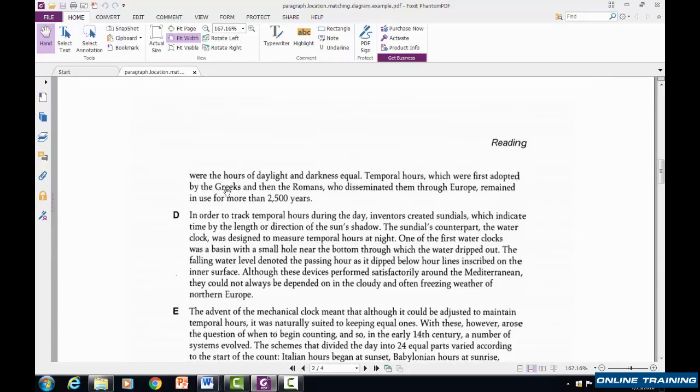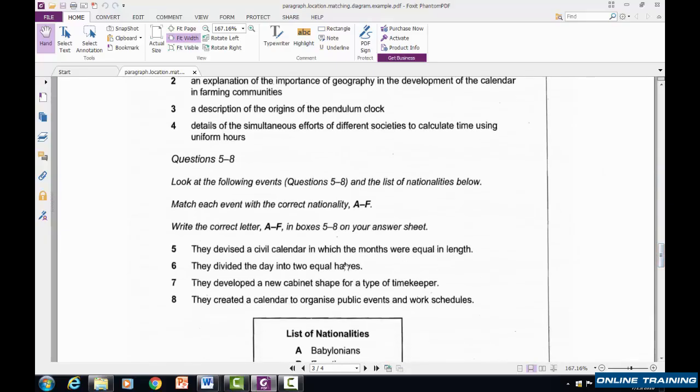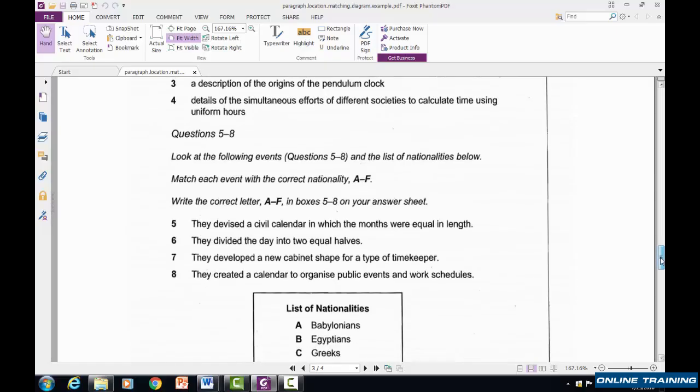Temporal hours, which were first adopted by the Greeks and then the Romans, who disseminated them through Europe, remained in use for more than 2,500 years. Okay, I don't see that as a match for anything. 2 equal halves, no. New cabinet shape, no. 5 and 8 are already gone. So Greeks is not a match for number 6 or number 7.